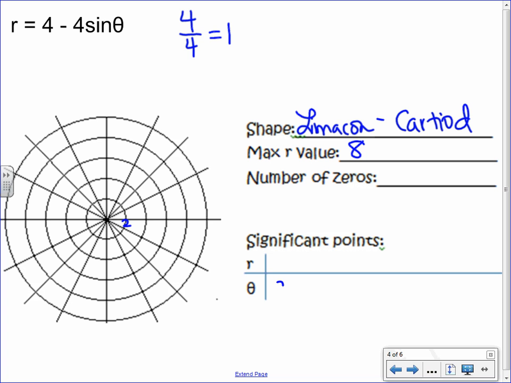So when I plug in 0, sine of 0 is 0, so R is 4.